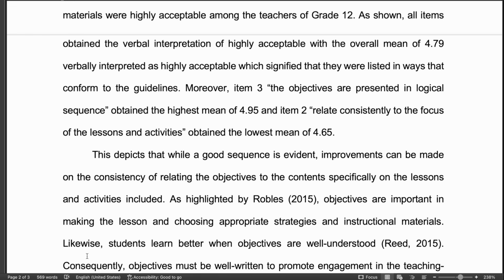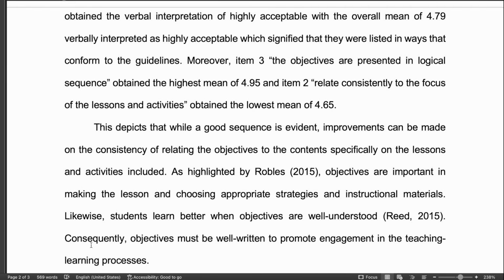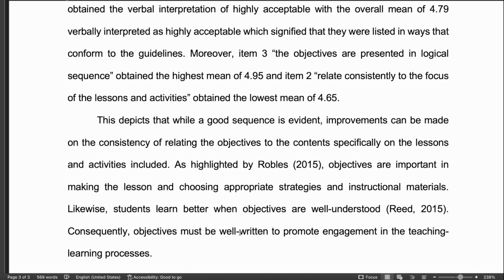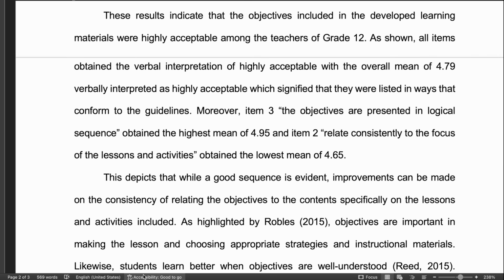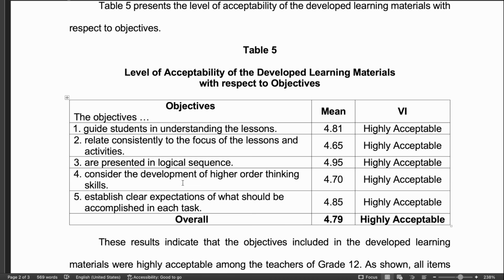Likewise, students learn better when objectives are well understood, according to Reed 2015. So, meron na tayong dalawang citation dito. Consequently, objectives must be well written to promote engagement in the teaching-learning processes. So basically, ito yung interpretation para dito sa table na ito.